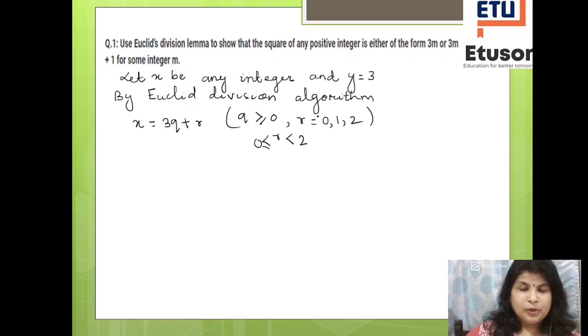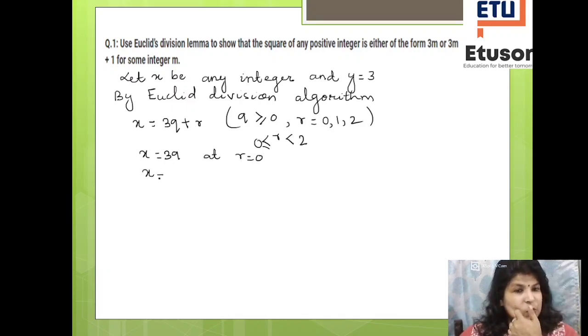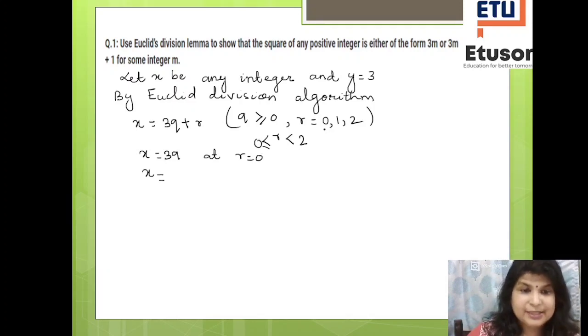So, putting r is equal to 0, the possible value of x is equal to 3q. These are the possible values of your x. If you put r is equal to 1, x is equal to 3q plus 1.